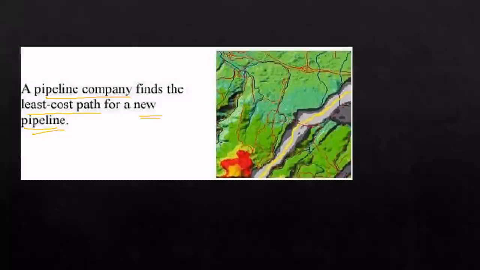We know pipelines are laid for different purposes, for carrying water, for carrying gases, for carrying other natural resources, liquid gases, etc. So when these things have to be carried through pipelines over larger distances, this will help you to find the least cost path.